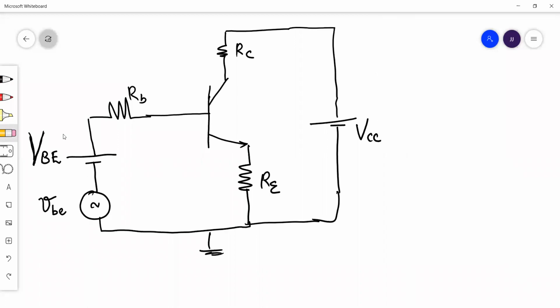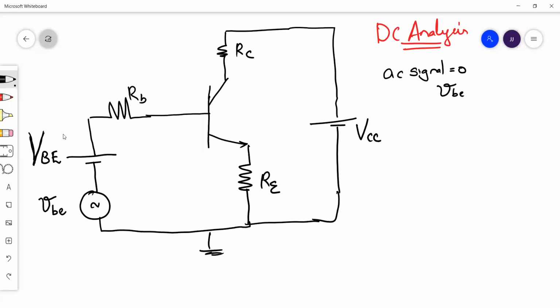Next, I need to do the DC analysis. DC analysis means the AC signal equals 0, so small vbe equals 0, and only the DC signal exists.